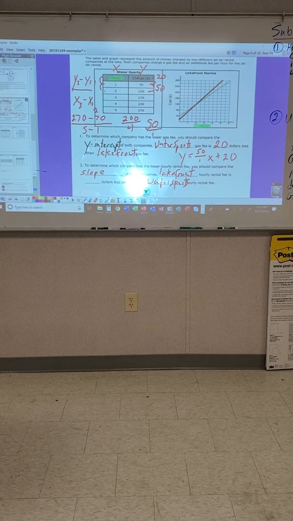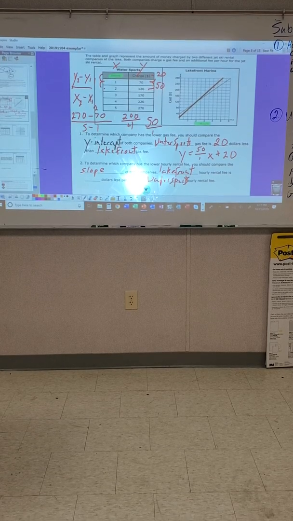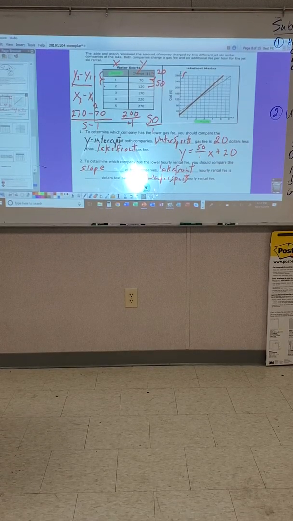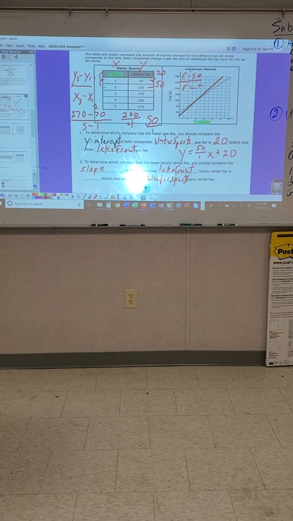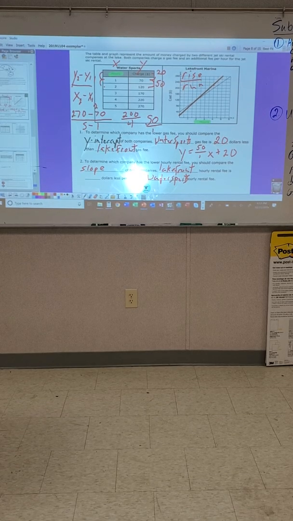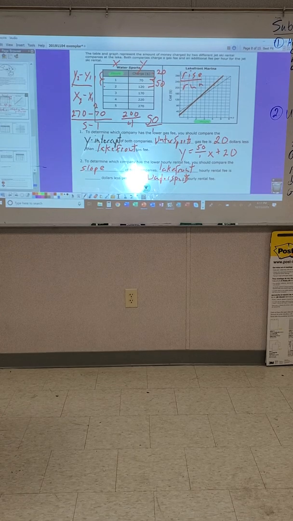Okay, one more piece of information to figure out. We need to figure out what the slope of Lakefront Marina's line is. I want to read the graph to get that. Well, let's take a good point to start with. Our rise, that's our y value. So if we look at the y-axis, we see that the y-intercept is 40.